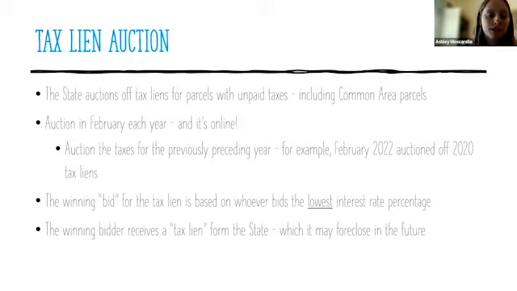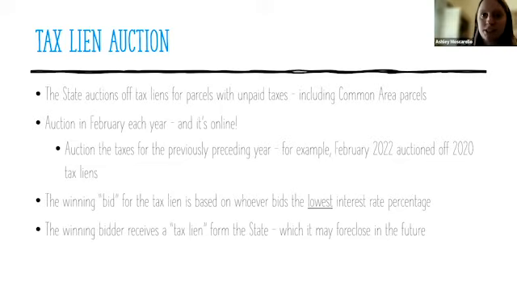So if I'm bidding and we have Paul bidding on this parcel, if I come in at a high, like I want 16% interest, I'm swinging for the fences, and Paul comes in at a reasonable 8% interest, he would win if the two of us are the only two bidding for that parcel.